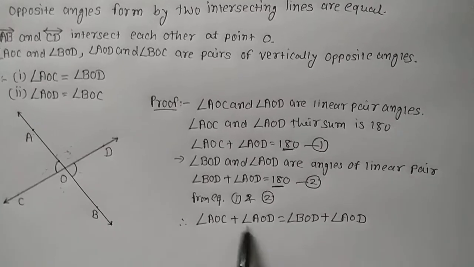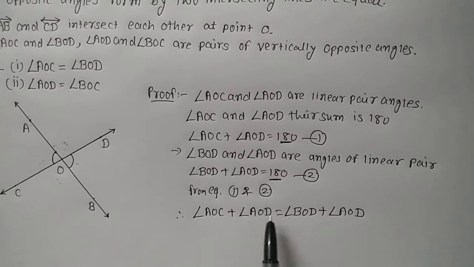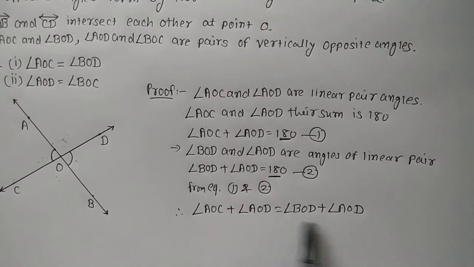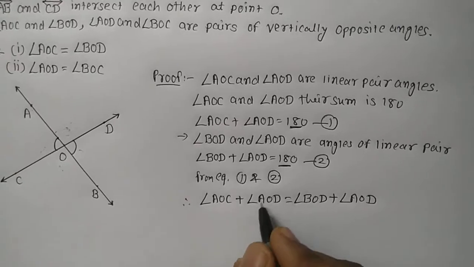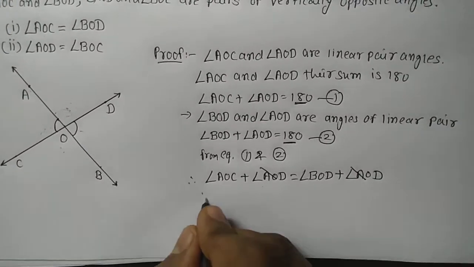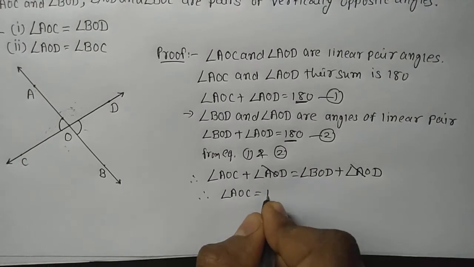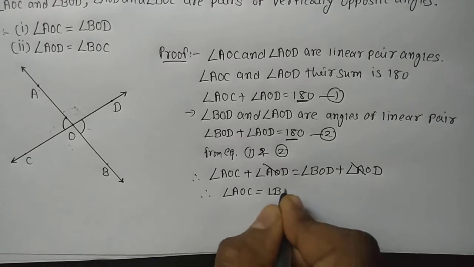You can see AOD is common on both sides. If I bring it to the other side, it would be AOD minus AOD, so it would be 0. So AOD and AOD would be cancelled from both sides. So I write angle AOC is equal to angle BOD.